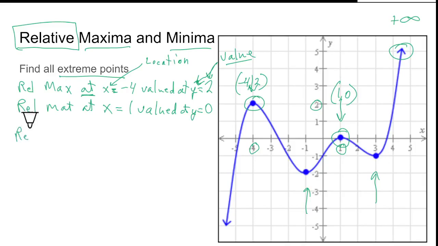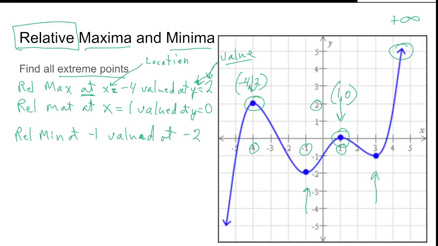For the minimum points, we do the same thing. They are relative minimums, and the first one coming from the left will occur here at -1, and then we just do it this way: at -1, valued at -2.